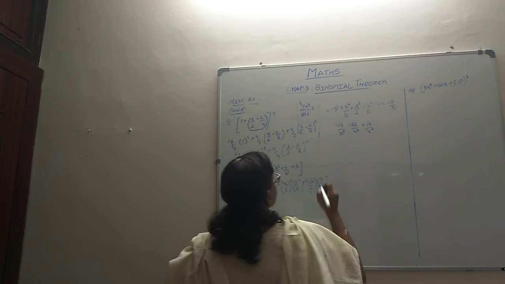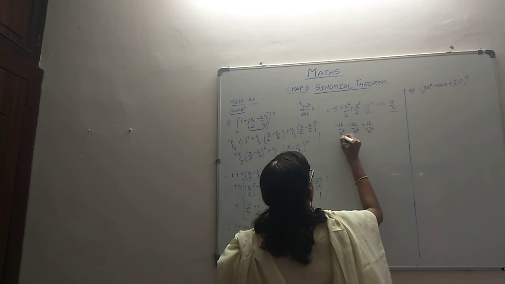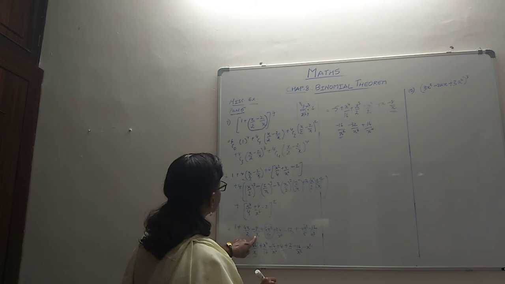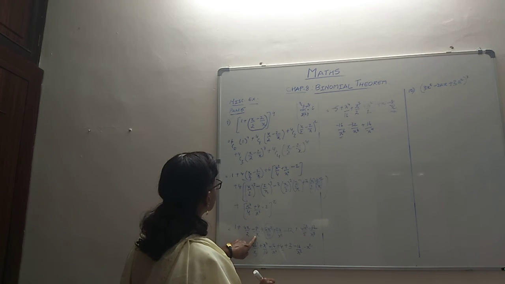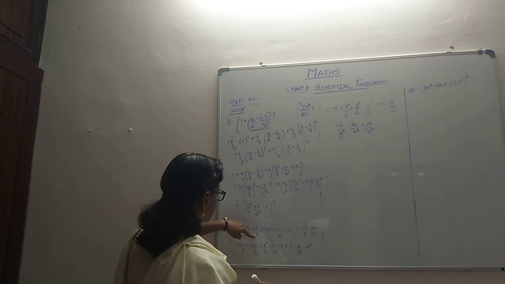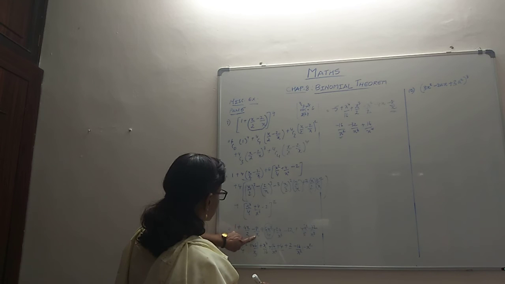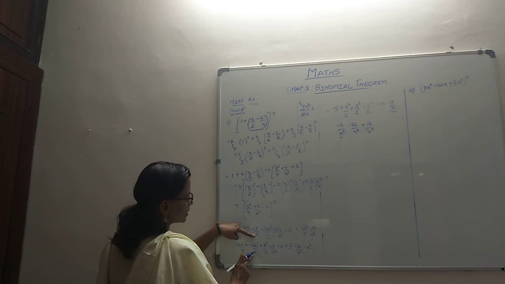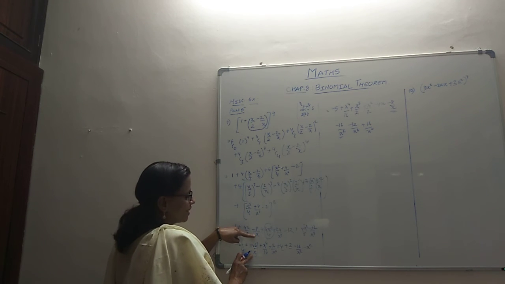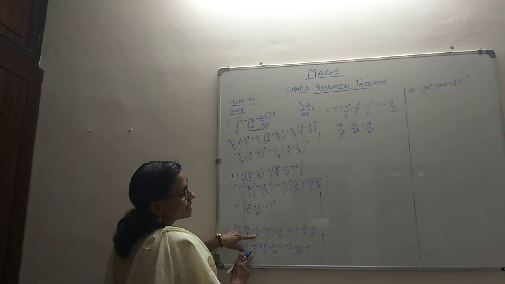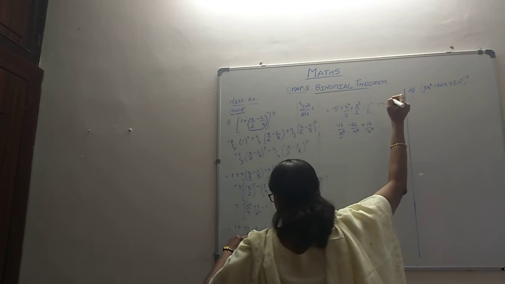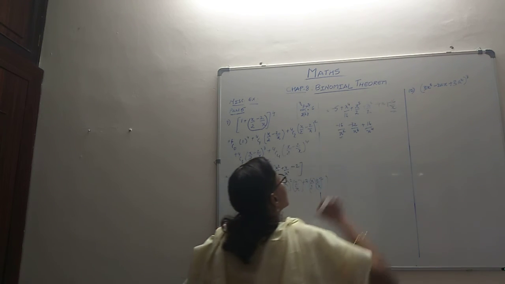By x and 8 by x squared, those two we have to check once again. Yes, minus 8 by x plus 24 by x, so that will come to 16 by x. Yes, we have missed a term. Not minus, it's plus 16 by x.